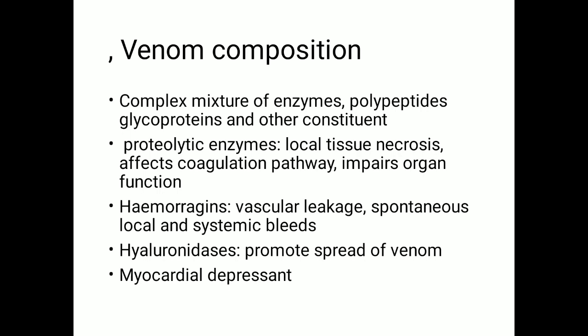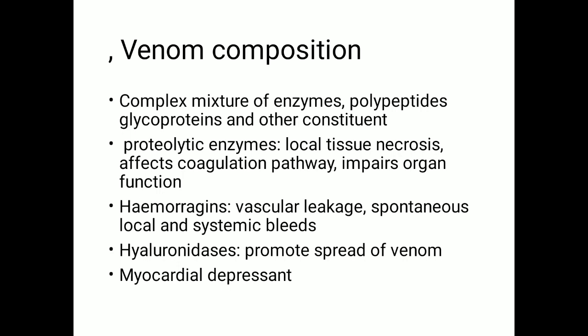They affect the coagulation pathway at multiple levels, not at a single level, and impair organ function. The venom also has hemorrhagins. These lead to vascular leakage, spontaneous local and systemic bleeds, leading to a shift of fluid and profound hypotension.